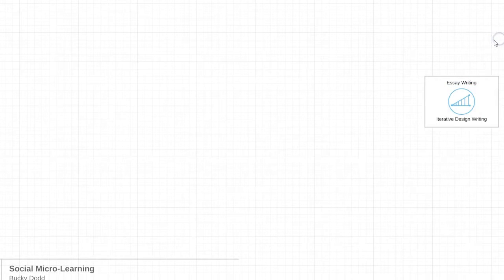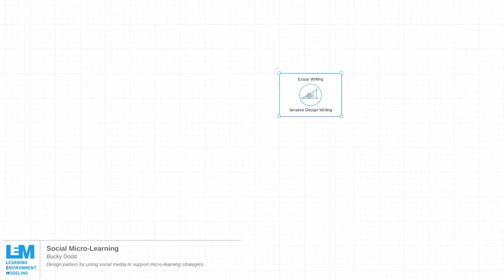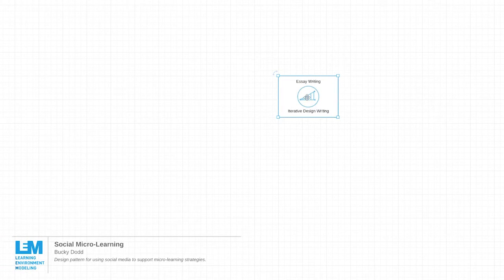So we're going to say iterative design. Okay, and so once we have that practice building block together, then we're ready to begin looking at how we support this essay writing process with microlearning social media.